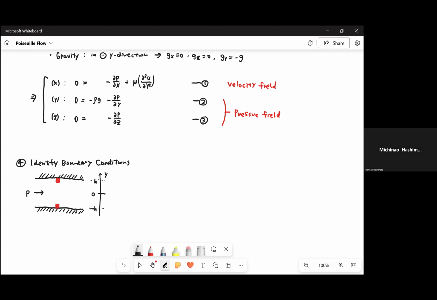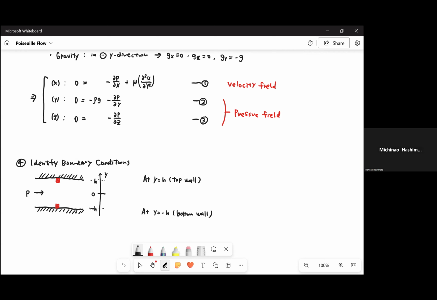So at y equals h, the top wall, and at y equals minus h, the bottom wall, we are able to find the boundary conditions.